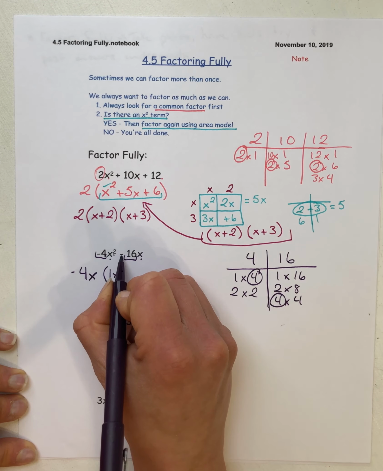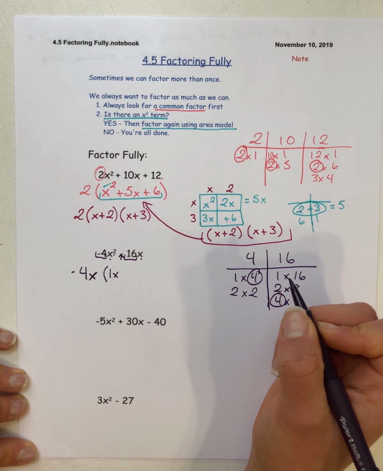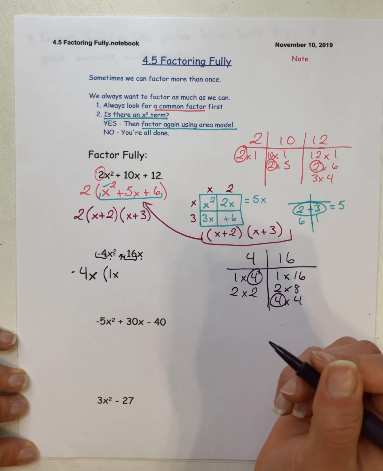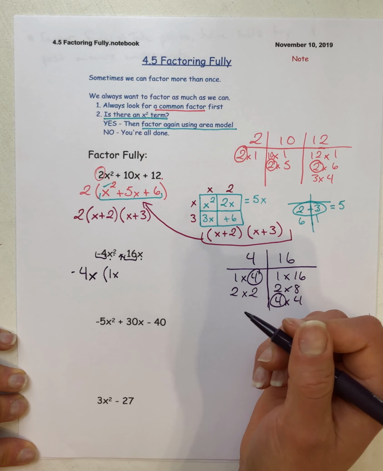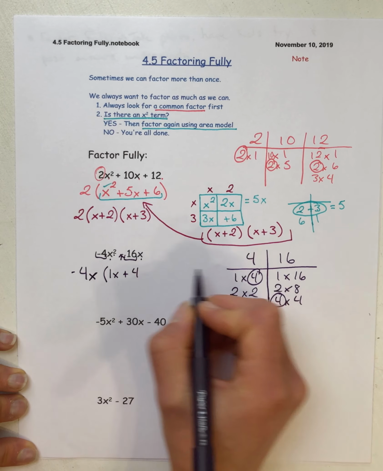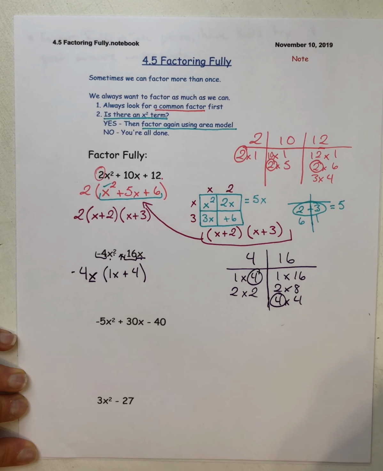And then we have negative 16. Negative 16 divided by negative 4 is going to give me positive 4. And we already have an x pulled out, so we're done.